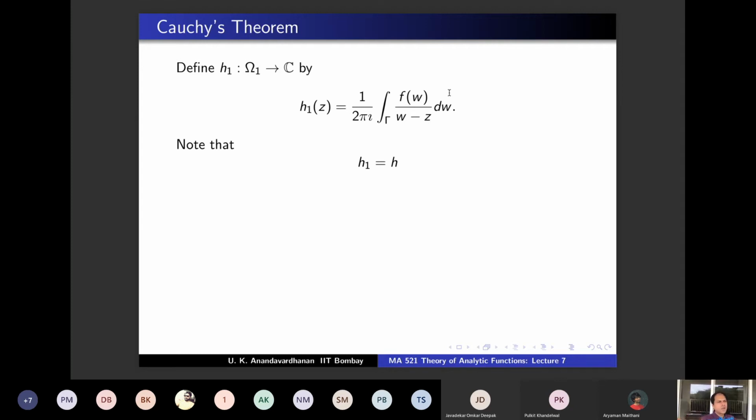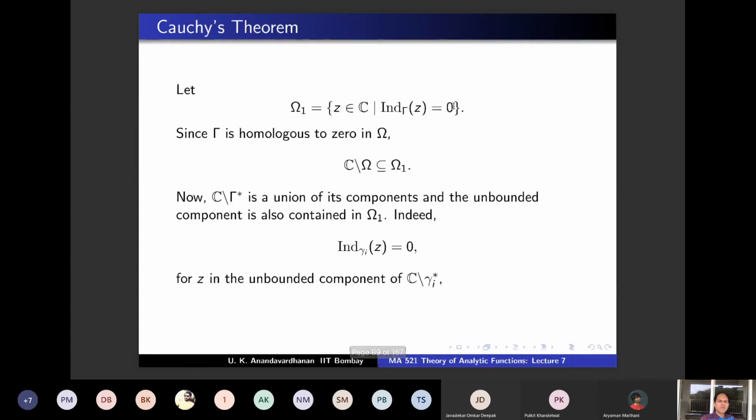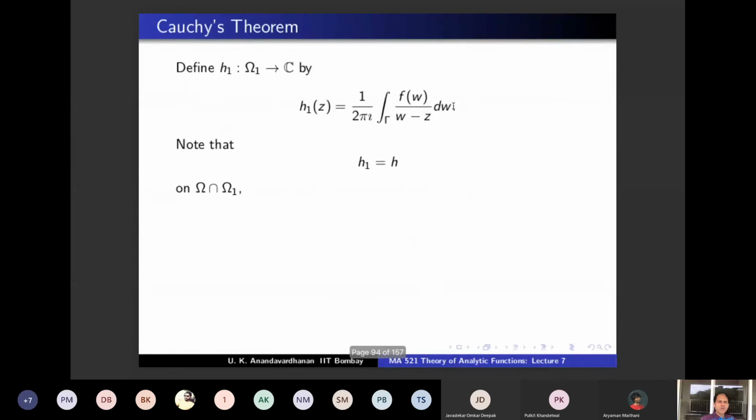So on omega intersection omega 1, of course the index is 0, because that was the definition of omega 1. Agree? Because h has f(w) minus f(z), h1 has only f(w). So h1 equal to h means the integral of f(z) by w minus z should be 0. That means the integral of dw by w minus z is 0, that means the index is 0. But omega 1 has all those points where the index is 0. So by the definition, h1 equal to h.